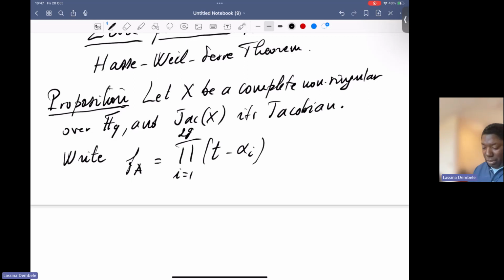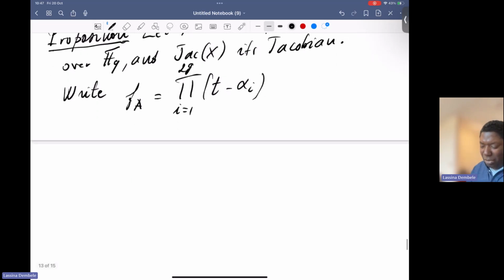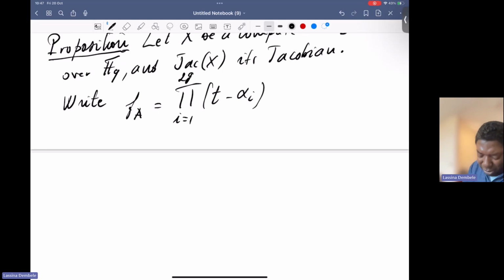So this means that the alpha i's are the roots, and they are counted with multiplicity.